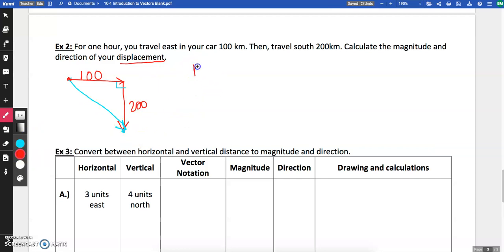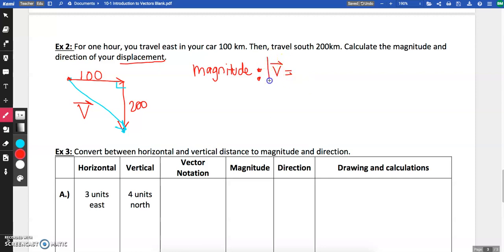So I'll start with the magnitude. And let's give this displacement a name. Okay, let's call it a vector v. Right, so we're going to think of it like a vector now, kind of incorporating our new stuff. So this vector v is what we're looking at, the blue line here. The magnitude of that vector, I can find that.